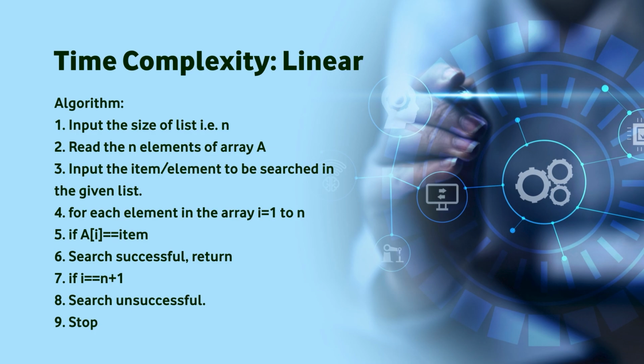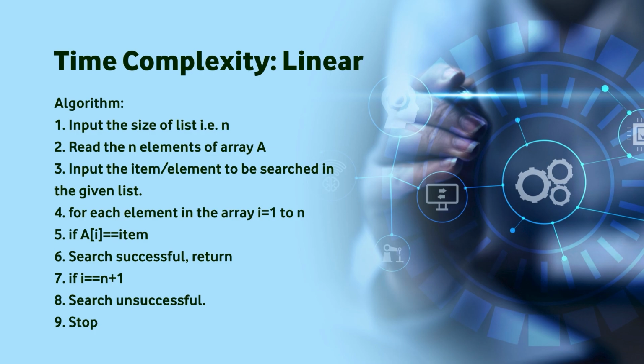For i equal to 1 to n, if a_i, the element present at the ith position in the array, equals item, where item means the element to be searched, then that element is present and the search is successful. This check a_i equal to item is within the loop.